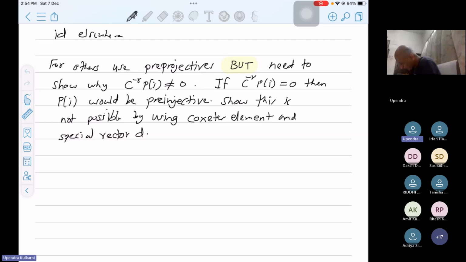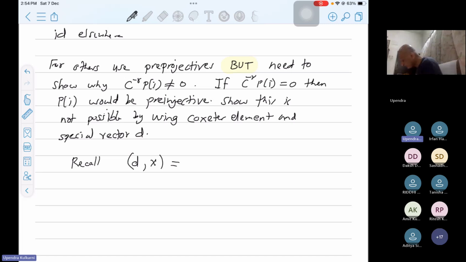Recall what property this vector D had. If I took the bilinear form of D with any x, what did that give me? Come on, this should be easy. The quadratic form on D was 0, and in fact we said that not only is the quadratic form 0, but D is in the radical.